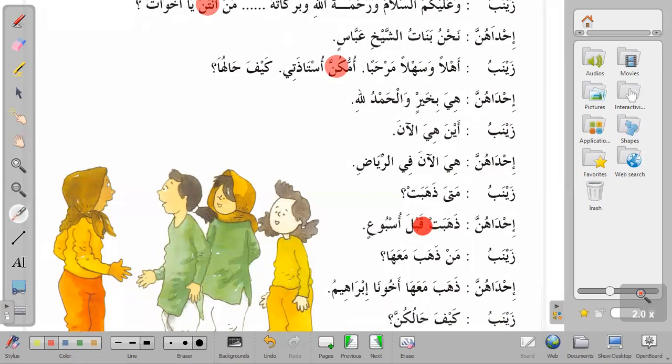Maf'ul fihi. Okay, we have not looked at maf'ul fihi, but as we go, we'll look at it. This whole part will be what we call maf'ul fihi. But right now, just know that qabla means before. Ba'da means after.